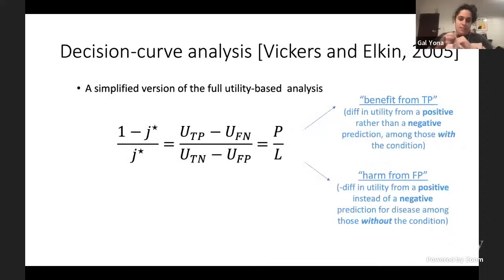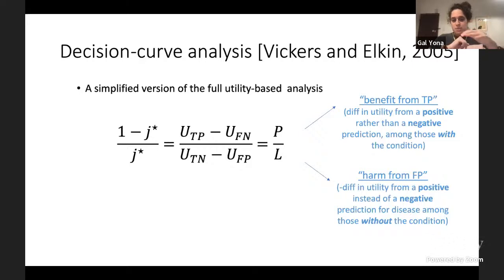Okay, so I want to talk about this concept of decision curve analysis. This was introduced by Vickers and Elkin in 2005. Basically, the way I like to think about it is a simplified version of this full utility analysis that I talked about before, where you actually have to specify these 4 parameters. So the starting point is this equation or relationship that we had before.